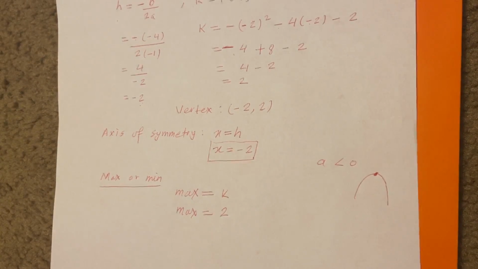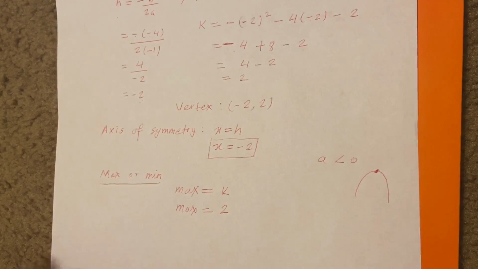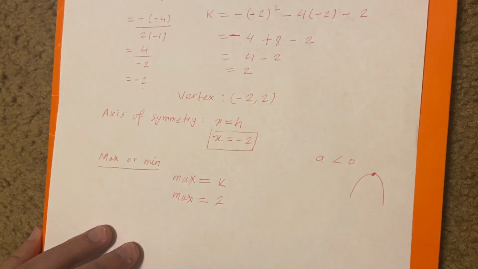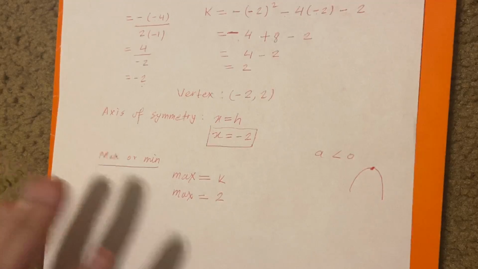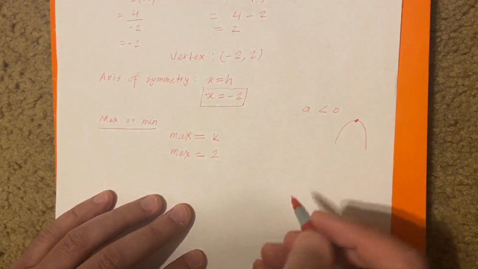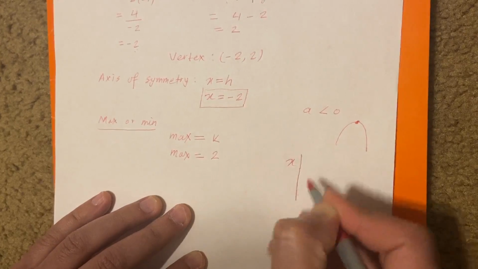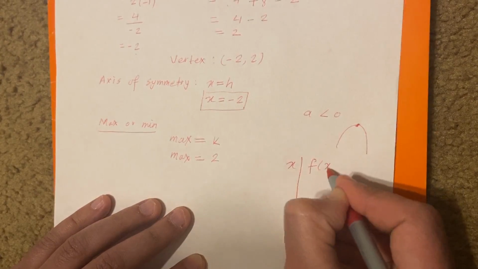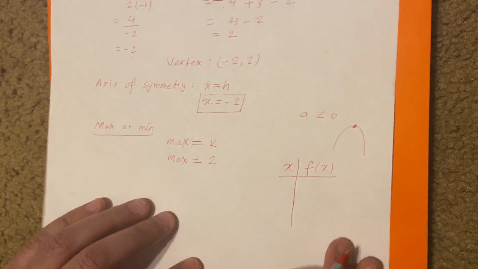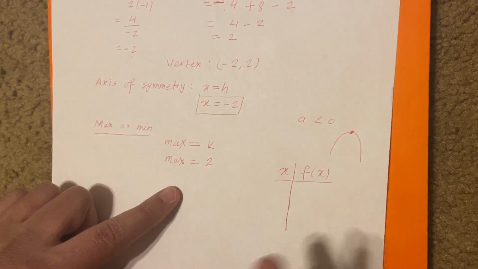All right. And after this, you now need to get a final graph. So to get a final graph, here what you can do is make an x y table or an x f of x table. Since we already know one point, right?